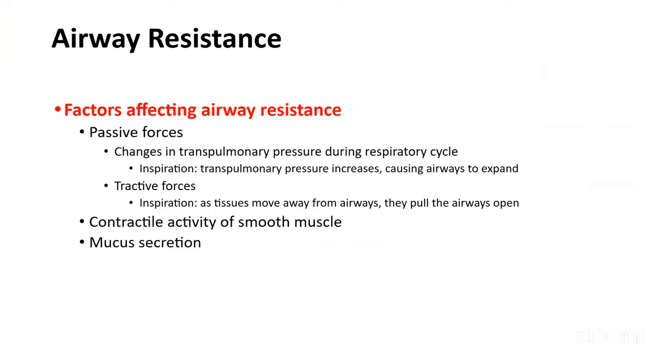So we have a normal transpulmonary pressure happening. We are changing how big your airways and how big your lungs are during these passive normal breaths. We're expanding airways, specifically when you breathe in. We'll talk about how smooth muscle and mucus and different neurotransmitters and hormones, et cetera, affect the situation next time.